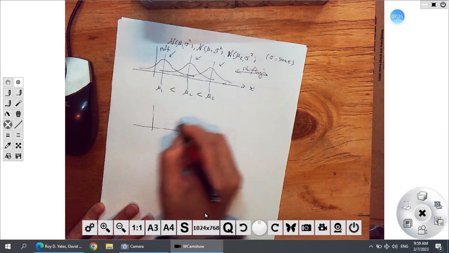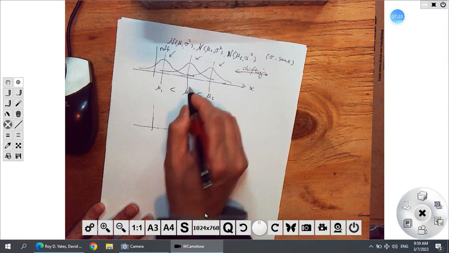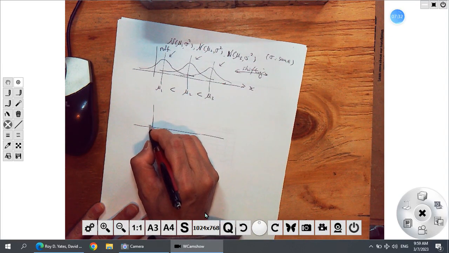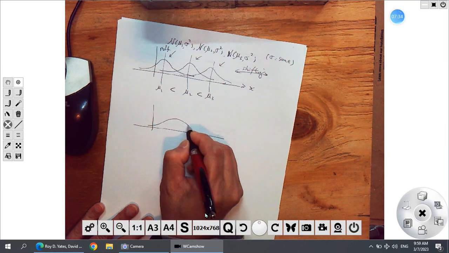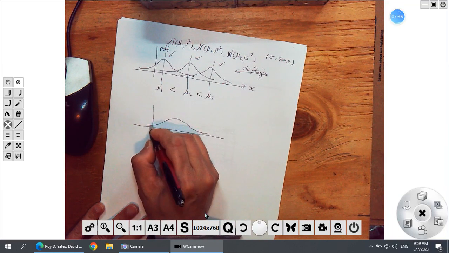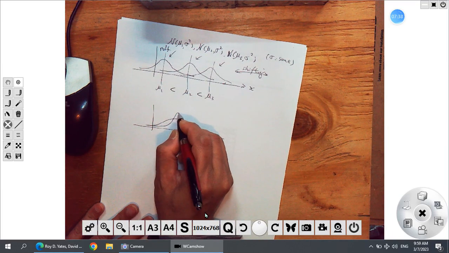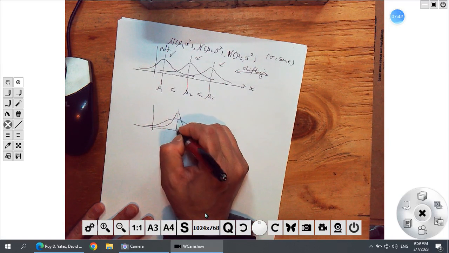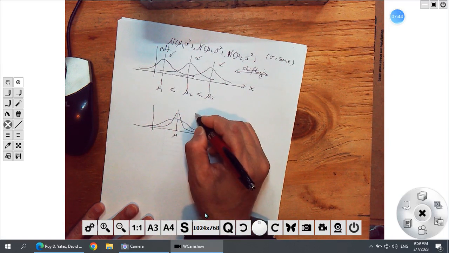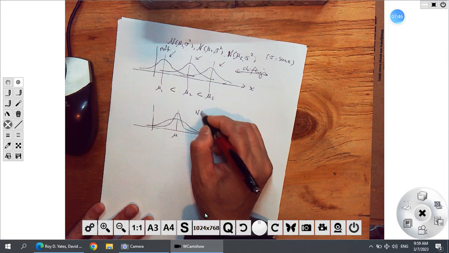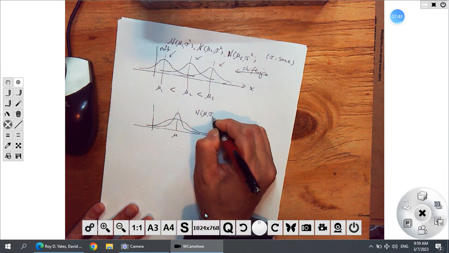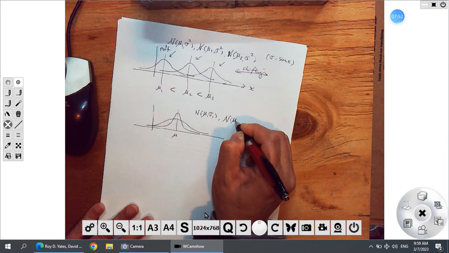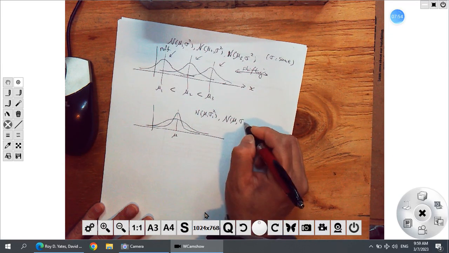And if we keep mu the same and change the value of sigma, then it will look like this one, this one, the same mu. So this is a Gaussian, normal mu, sigma 1 square and sigma 2 square.